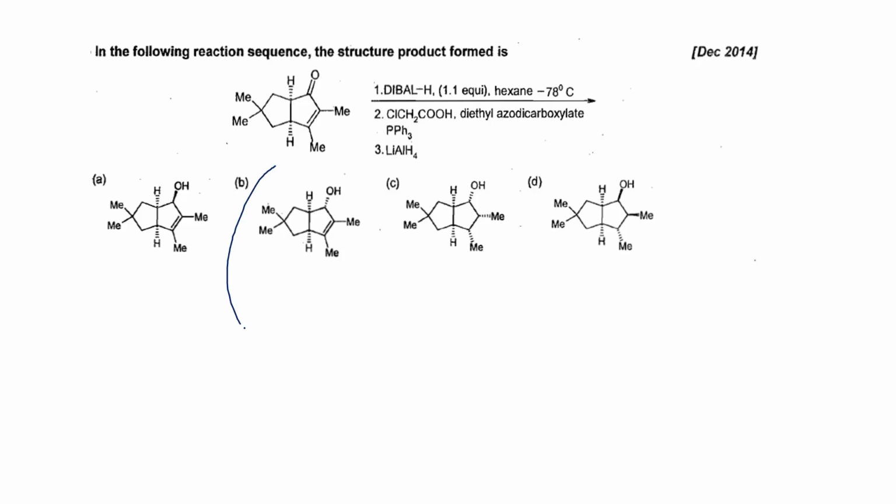So in the first step they have given DIBAL. So DIBAL will just reduce. I'm just showing this ring, because this ring will be intact. So it will just reduce this alpha beta unsaturated ketone.